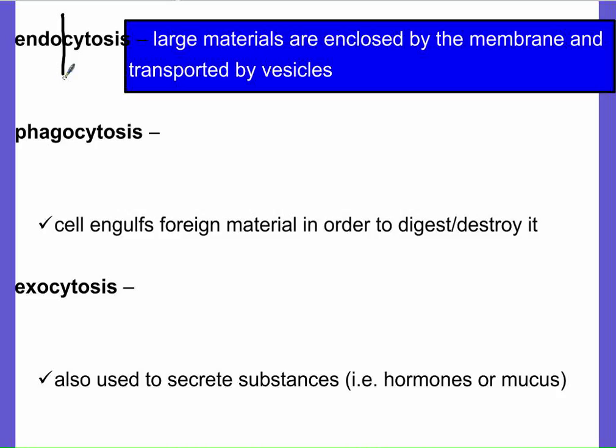When it was endothermic, did the energy enter the system or exit? So if it's endocytosis, are those things going to come into the cell or exit the cell? If you think of this word when you see endo, you'll remember which one's which. Large materials are going to be enclosed by the membrane and transported by vesicles.